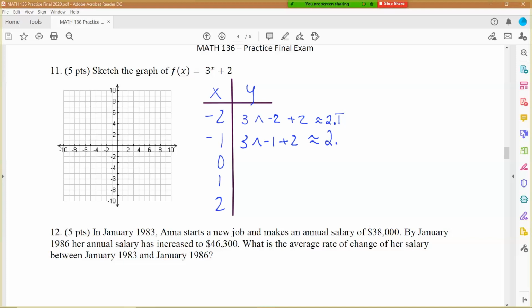2.3. And change it to a 0. So keep changing them until you get all 5 numbers.